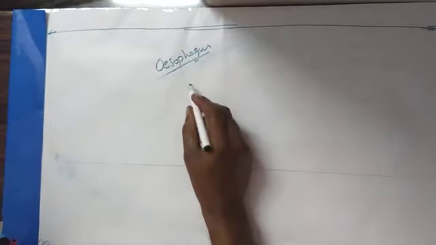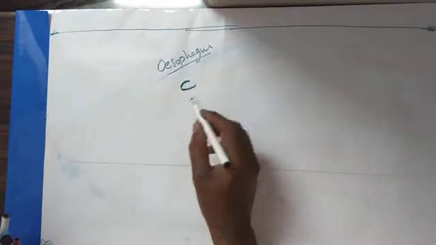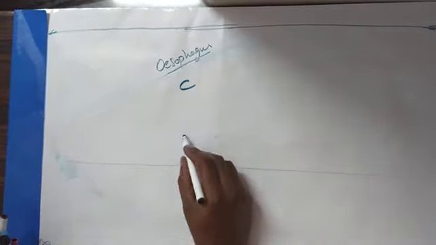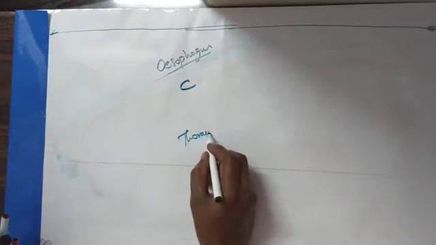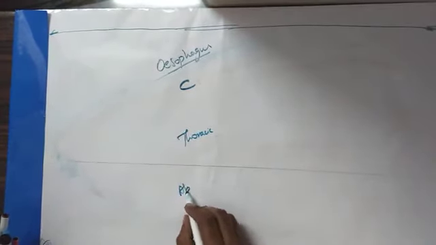You have arterial supply, venous drainage, lymphatic drainage. For that we will be writing it in a tabular form: cervical region, then thoracic region and abdomen.